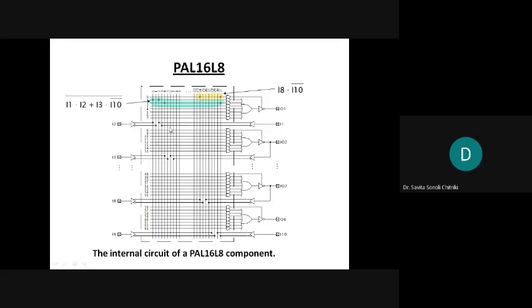This is the I1 line, and you should get the I2 line. I1 into I2, then I3. Where is I3? You see, I3 is here. Then I10 bar, where is I10? One minute.